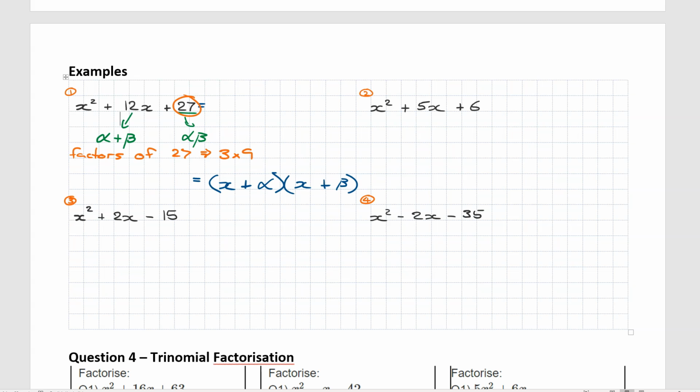So expanding this out, we're going to get x squared plus 9x plus 3x plus 27. Alright, looks like I made it worse, but trust me, I didn't. Our next step is we need to look at the common factors between this x squared plus 9x and then this 3x plus 27.